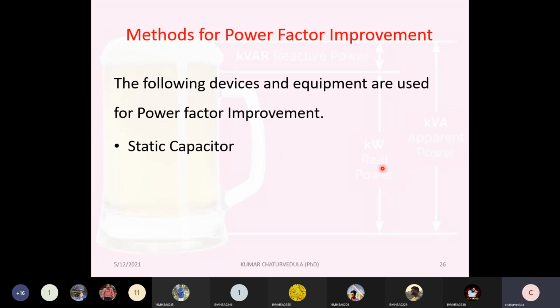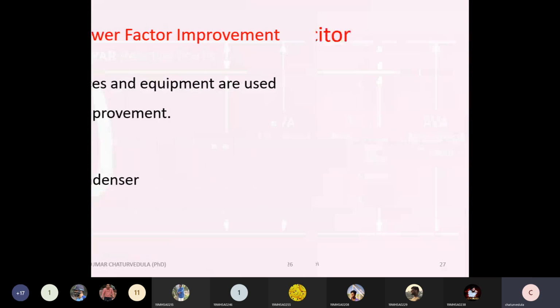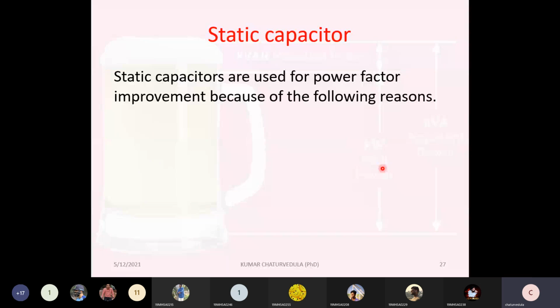As we know, there are three methods of improving the power factor. One is the static capacitor, the second is the synchronous condenser, and the third is the phase advancer. Static capacitors: why do we go for static capacitors?